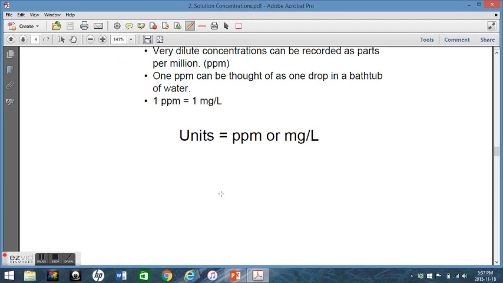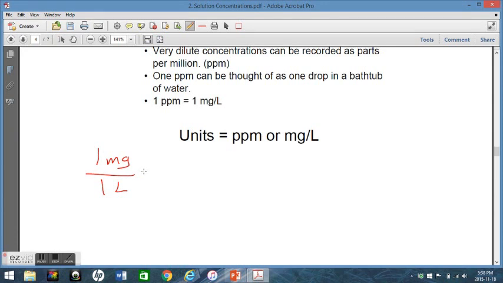If you want to see how that works, let's just start with 1 milligram per 1 liter. This has got to be in water, and that's all we'll ever be using it in. Or we might talk about air, but then it will just be given to you in parts per million.